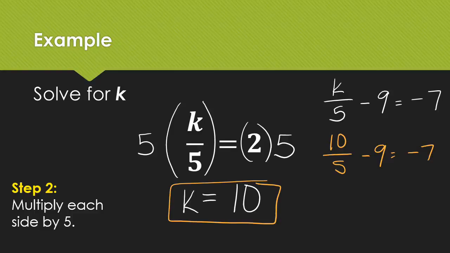Let's go ahead and simplify. 10 divided by 5 is +2. So 2 minus 9 equals -7, and -7 is equal to -7. So we know that our answer checks out after we check our work here.